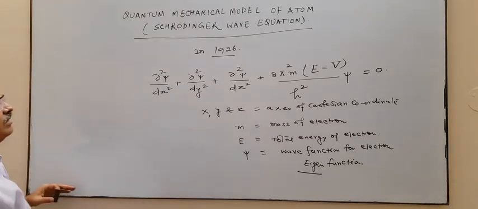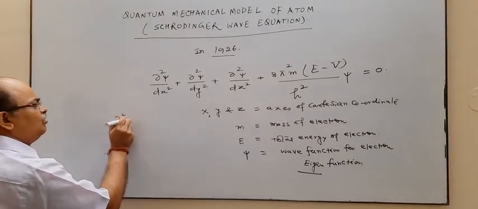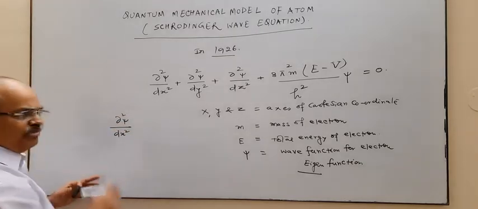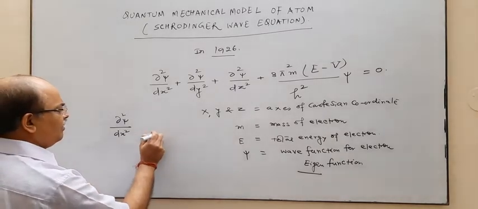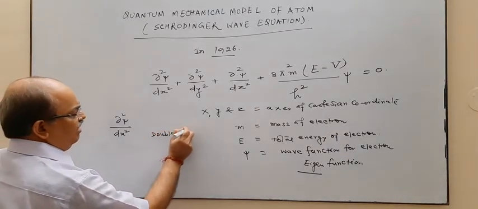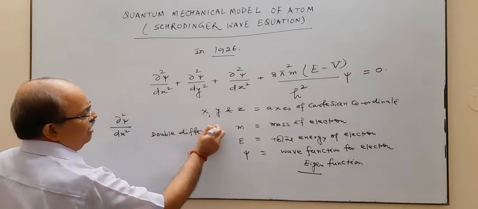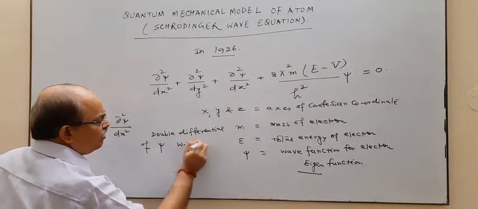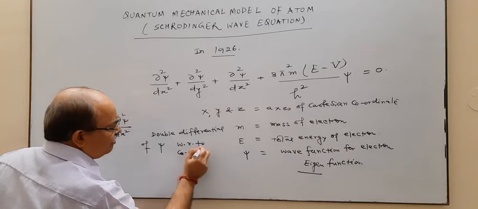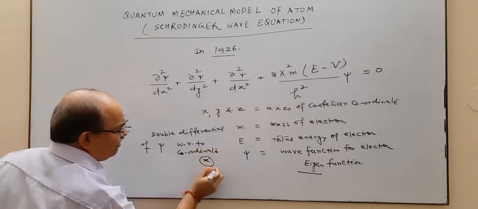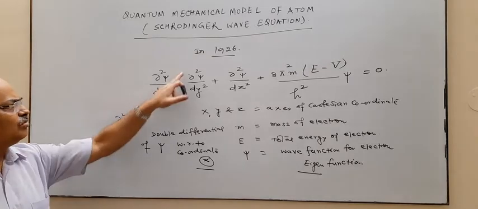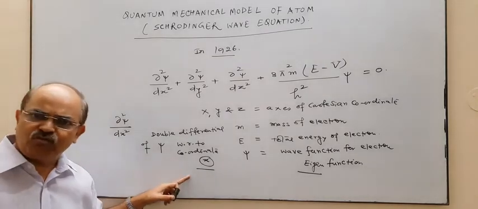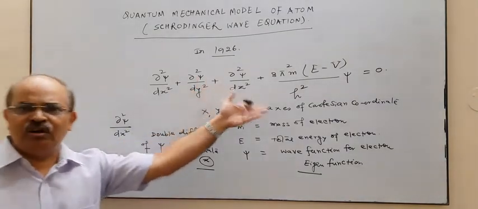And this d2 psi by dx square, what does it mean? It refers to the double differential of psi with respect to coordinate x, position x, and similarly d2 psi by dy square means the double differential of psi with respect to coordinate y, and the same for z.